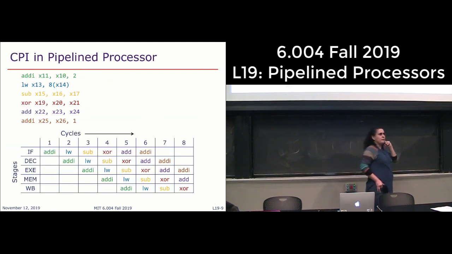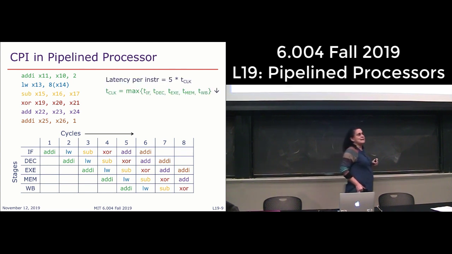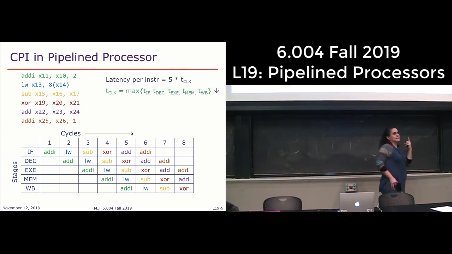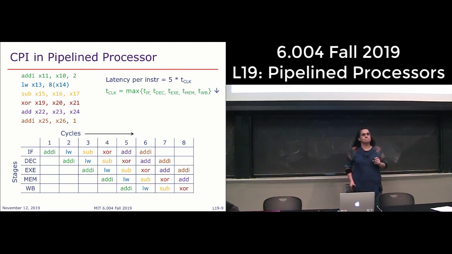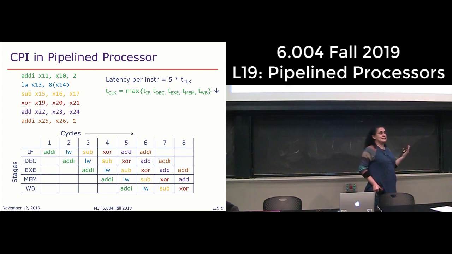All right, so what is my CPI, or cycles per instruction, in this pipeline processor? So how many cycles does it take me to actually execute a single instruction? I have to go through 5 pipeline stages.